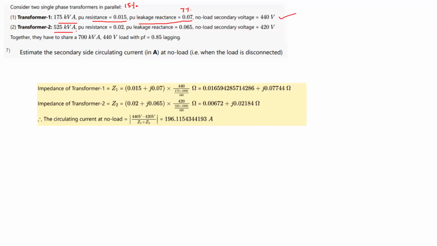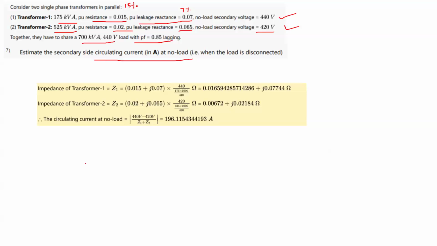Then we have 525 kVA, 0.02 pu, 0.065 pu leakage reactance. This is 420 volt, so you can see that there is a mismatch in the voltage. Now they are saying that together they have to share a 700 kVA, 440 volt load with this power factor. They're asking you to estimate the secondary side circulating current at no load.